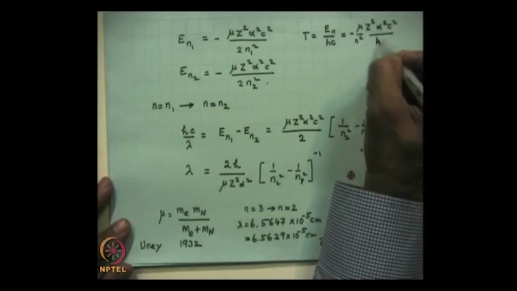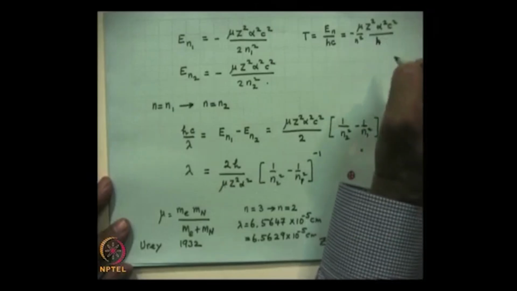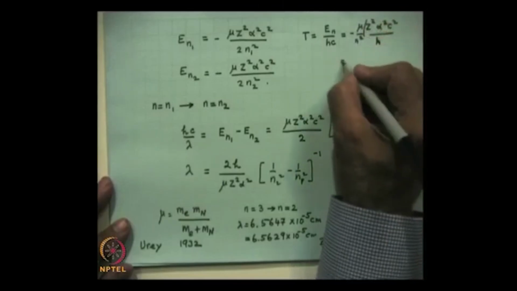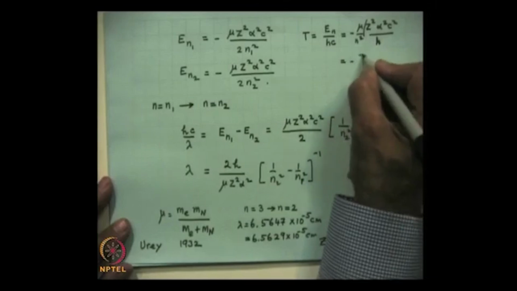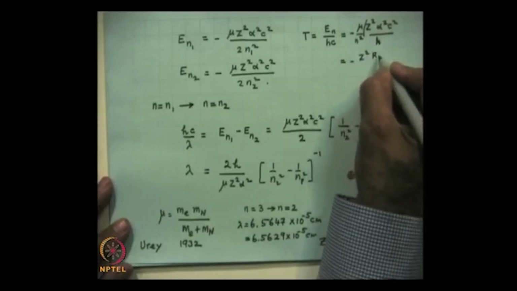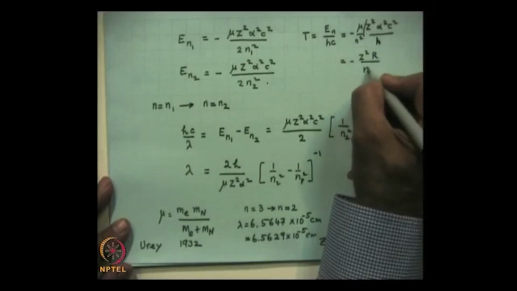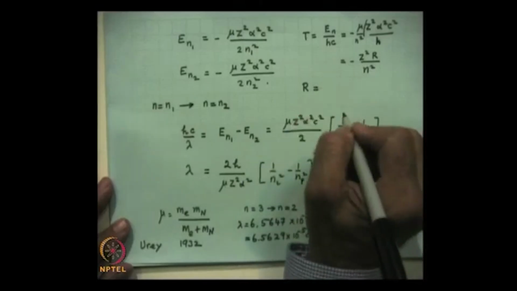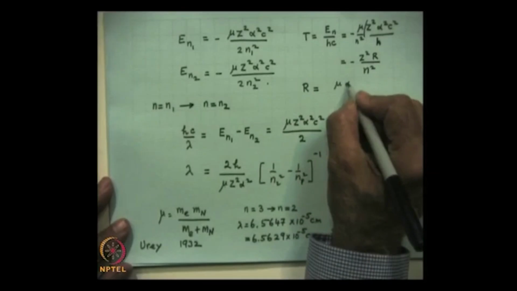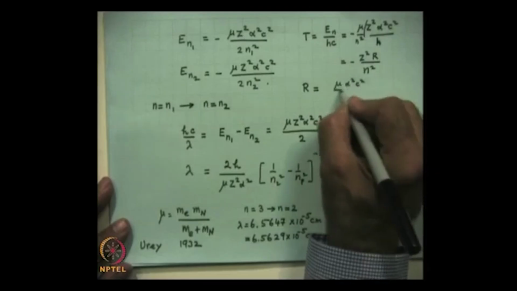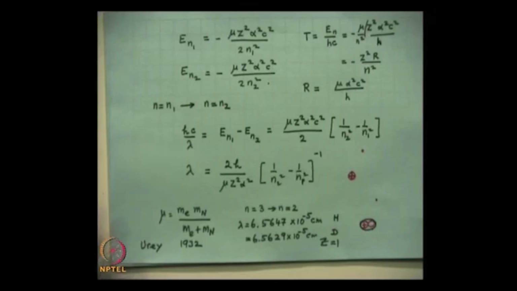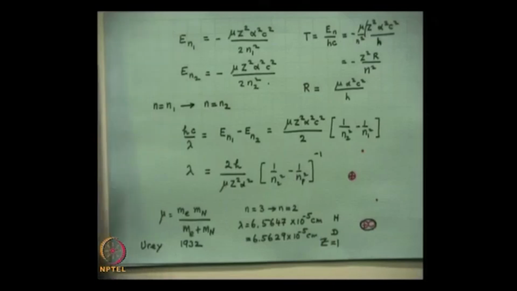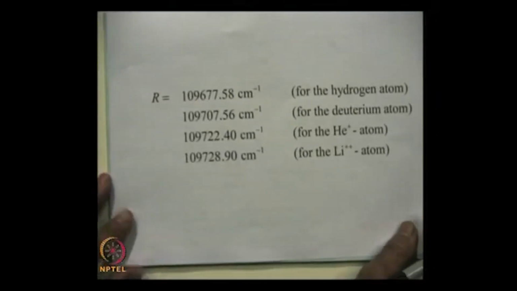The dimension of this is centimeter inverse, and this quantity is known as the Rydberg constant, that is minus z square R by n square, where R is known as the Rydberg constant, which is equal to mu alpha square c square by h.